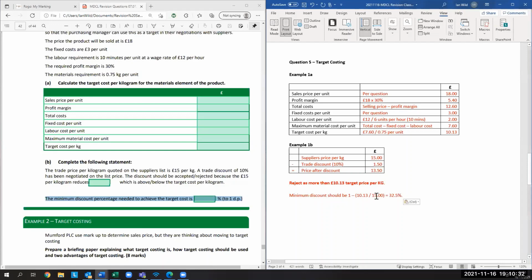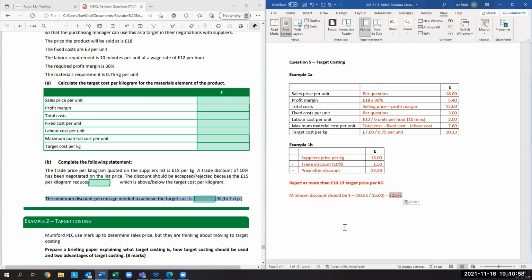So we divide by 15. £10.13 divided by 15 is 0.675. If we then take that away from 1, times it by 100, that gets us to a 32.5% discount. That's what we need. So we can test that.